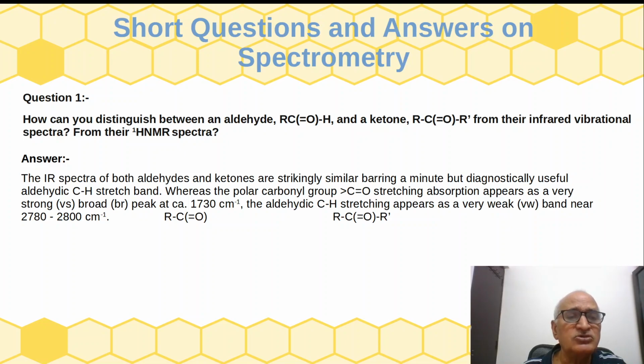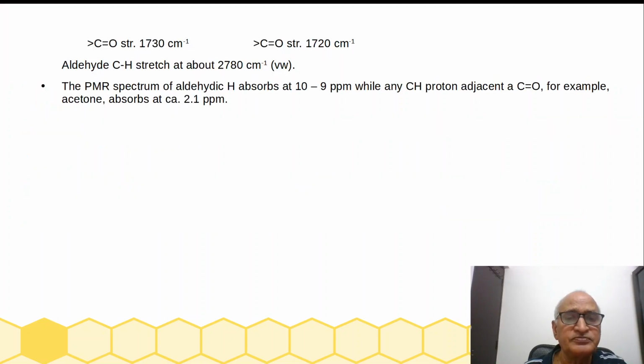For ketones also, it is in the same region, a bit lower, because the carbonyl group of a ketone is somewhat less polar than the aldehyde group, because the carbonyl group in a ketone is flanked by two alkyl groups.